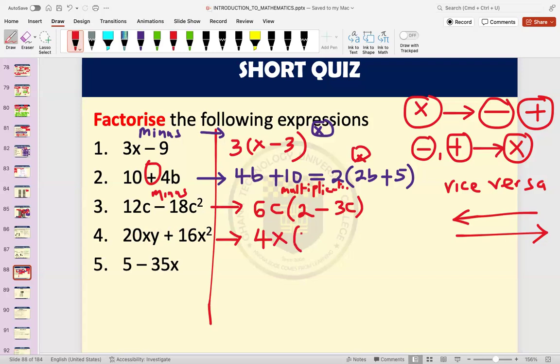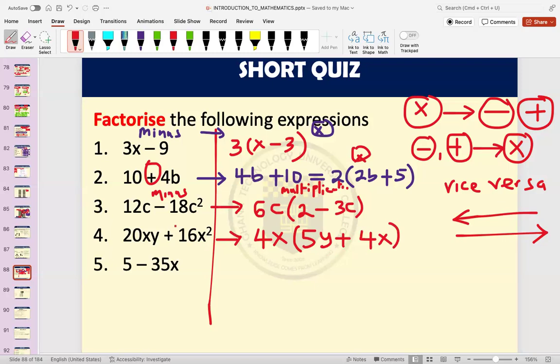For the 20, we'll be left with 5, and then we have y. The x we have used all. Plus, then the 16 will be reduced to 4. The x squared, we've pulled 1x out, so we are left with the other x. And this becomes the result.